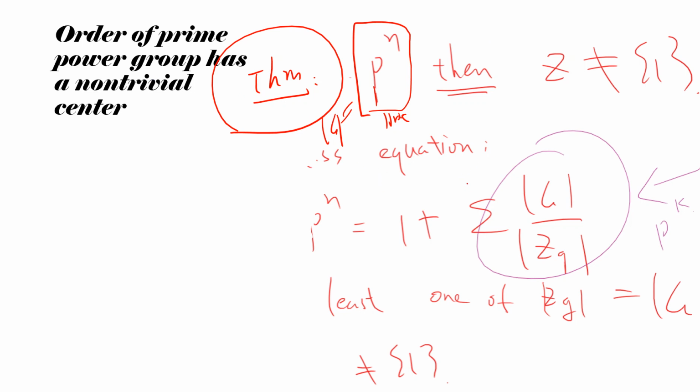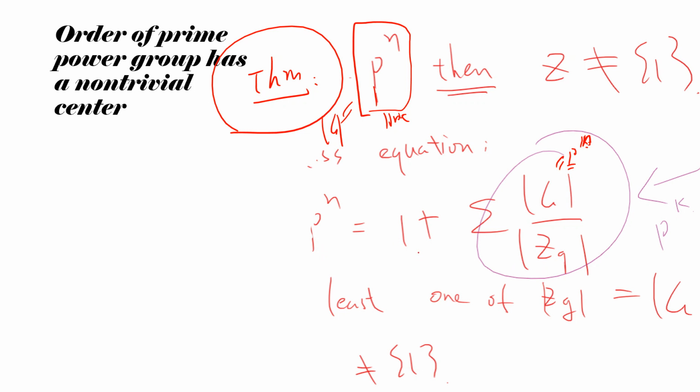And the proof is really simple, right? Because we know that p^n, by the class equation, is 1 plus the sum of G divided by Z(g) over all the representatives which are non-identity, right? But G has order p^n. So if none of the Z(g) is all of G, the right-hand side will be a multiple of p, and the left-hand side is a multiple of p, right?